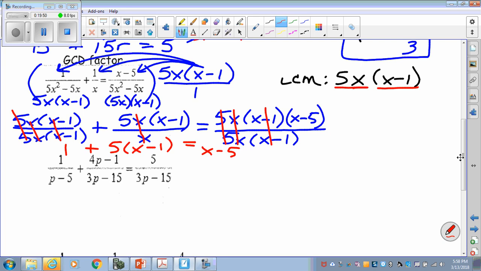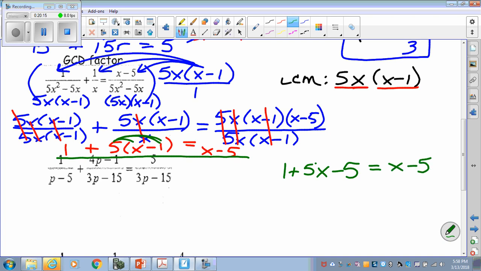Okay, so let me rewrite this. Here's this equation here. All right, so I've got 1 plus, and then now I'm going to distribute here. So 5 times x, and then 5 times -1 will be -5. Equals, and then I've got x minus 5. So my denominators went away.